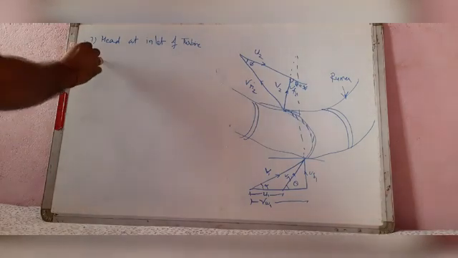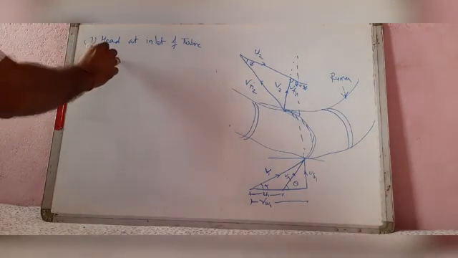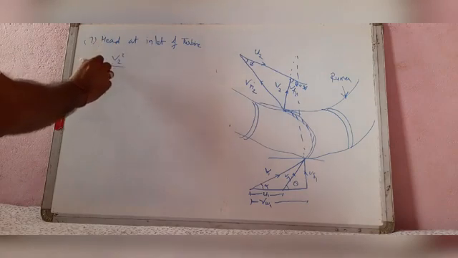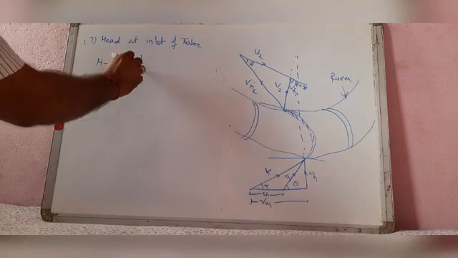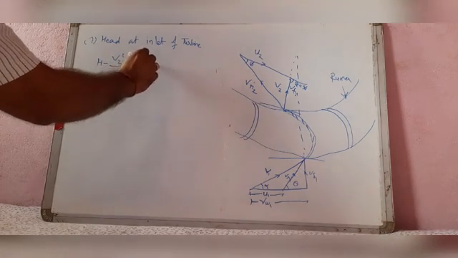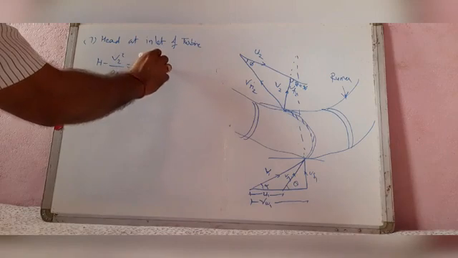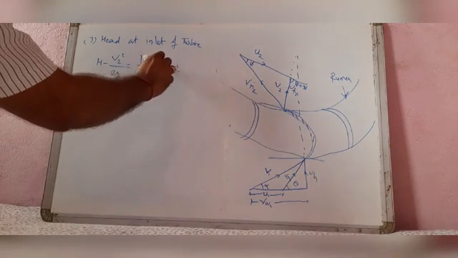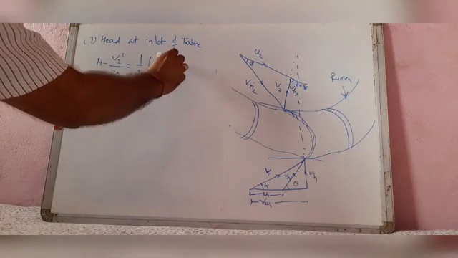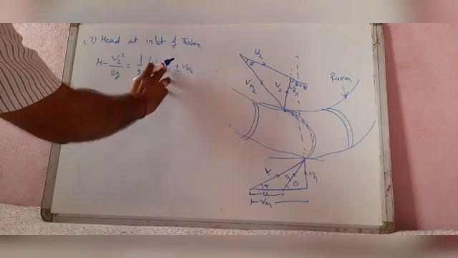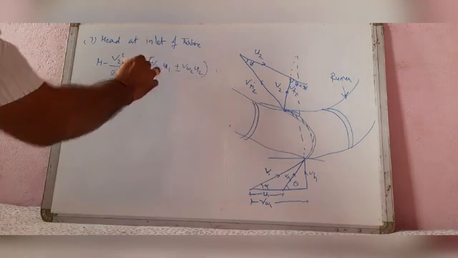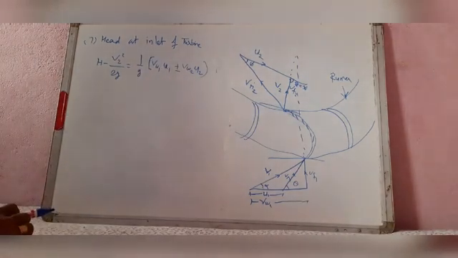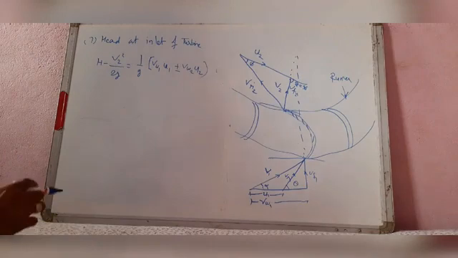H minus V2 square by 2g equal to 1 by g (VW1 U1 plus or minus VW2 U2).